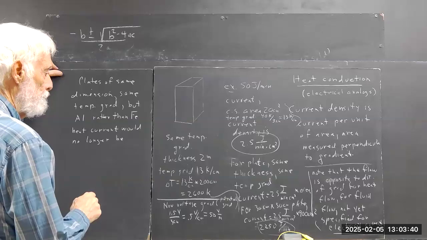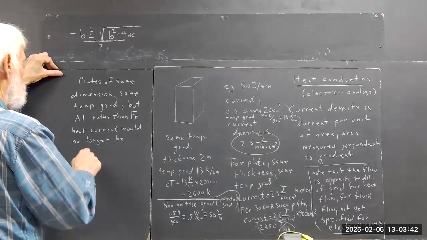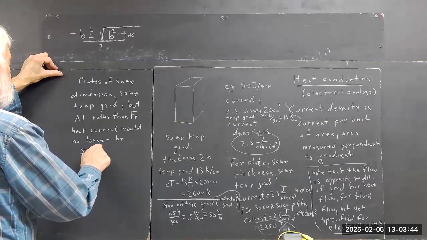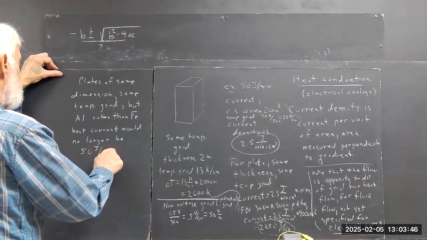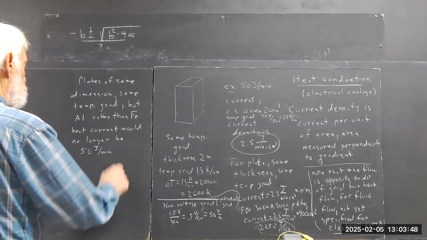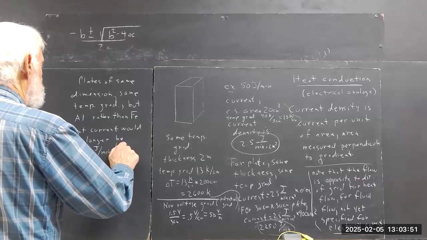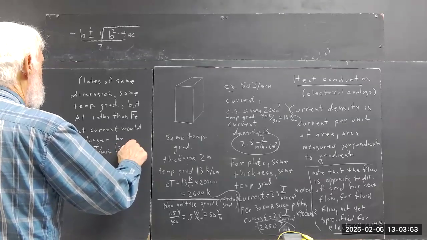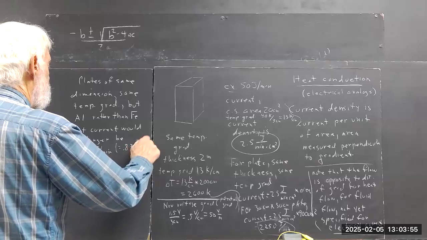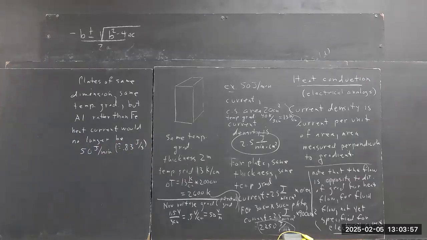The heat current would no longer be 50 joules per minute, which equals approximately 0.83 joules per second.